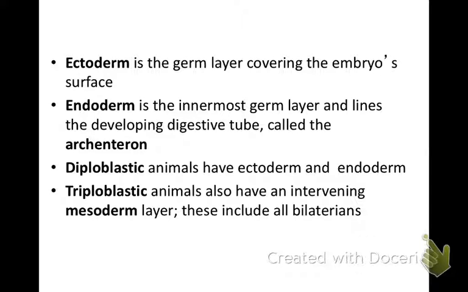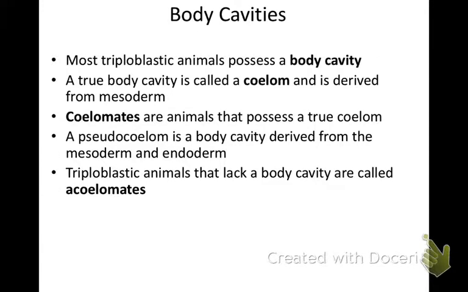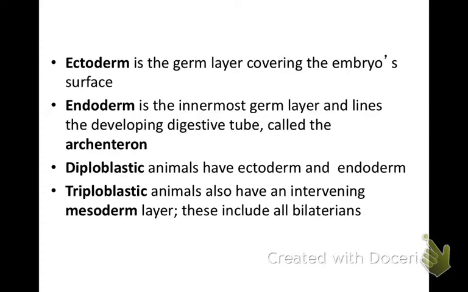On the outside is the ectoderm. So the ectoderm is the outermost layer, and then the endoderm is the innermost layer, and it lines the tube that forms during development, that forms the lumen of the gut, which in the embryo is referred to as the archenteron.